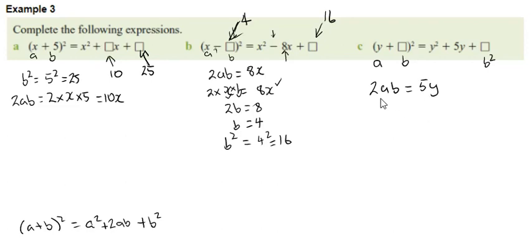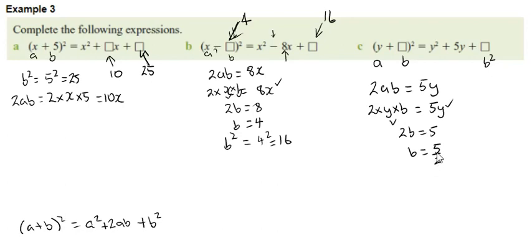On this side, I don't know what b is, I do know what a is, and a is y, so I've got 2 times y times b equals 5y. Now, this y matches up with this y, so I'm left with 2b equals 5. So b will equal 5 over 2, or 2.5.